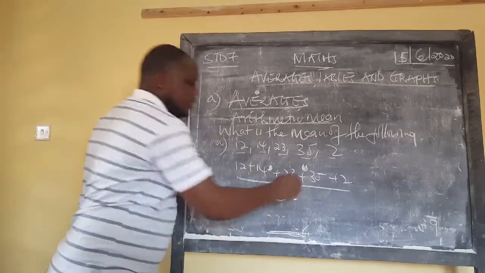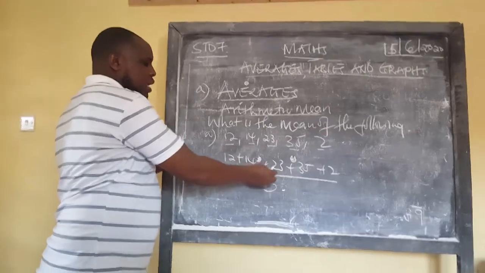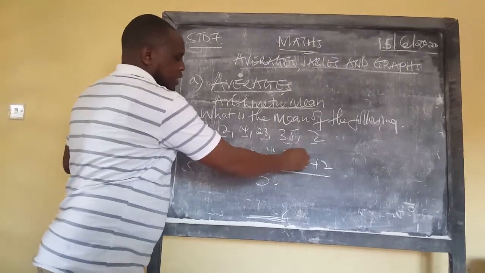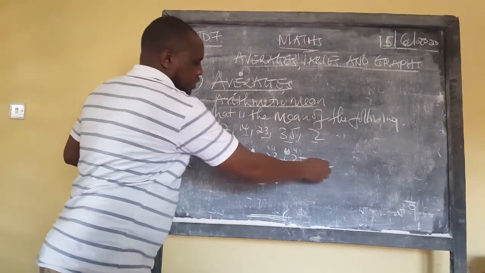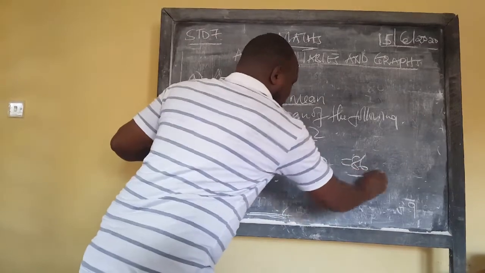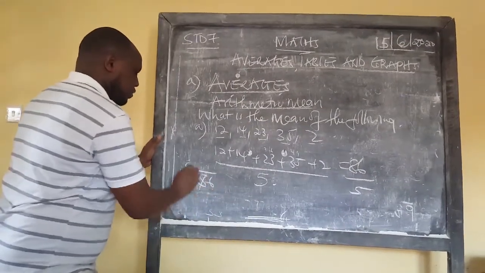Divided by 5. So 12 plus 14 is 26. 26 plus 23 is 49. 49 plus 35 gives you 84. 84 plus 2 gives you 86 over 5. So 86 divided by 5.